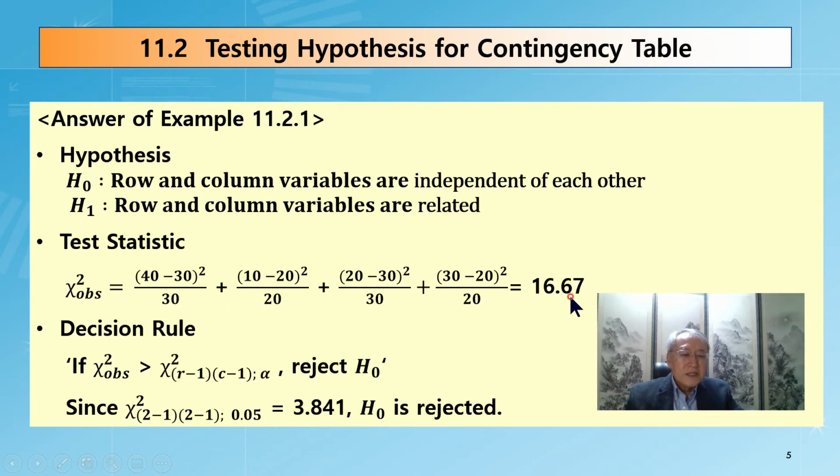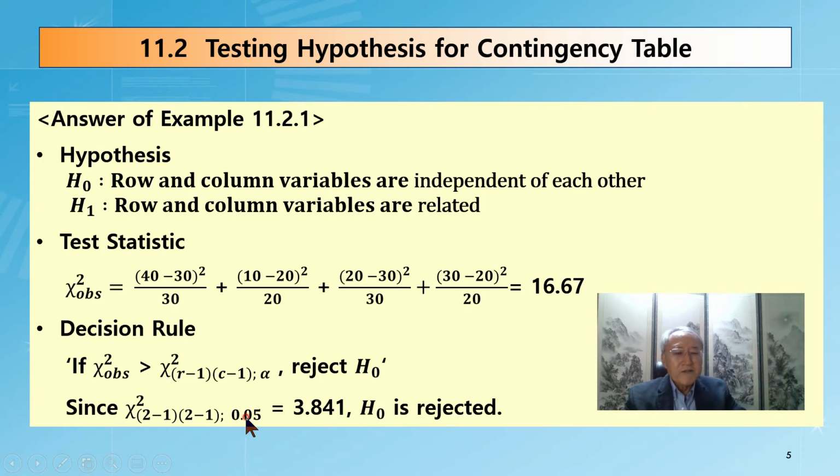Well, it has a value of 16.67. Our decision rule is that this is a chi-square test statistic, and you have to look up chi-square with the degrees of freedom. R is the number of rows, in our case 2. C is the number of columns, that's 2. Therefore, you have to look up chi-square with 1 degree of freedom.